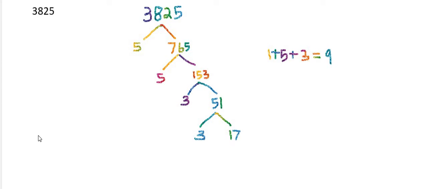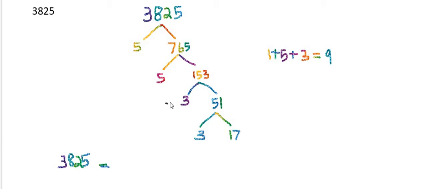And finally we can write the factors of 3825 that is equal to, you can see how many 3's are there.